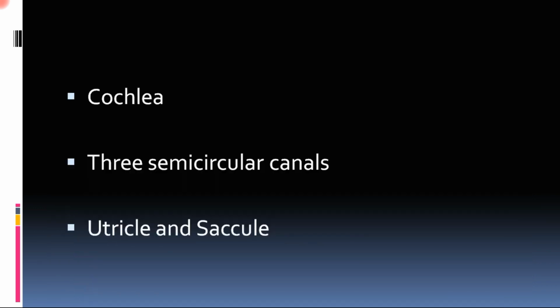Our inner ear is made up of cochlea, three semicircular canals, utricle and saccule. Out of this, the three semicircular canals and utricle and saccule are the important aspect of equilibrium, and the cochlea is the important sensory organ of hearing.